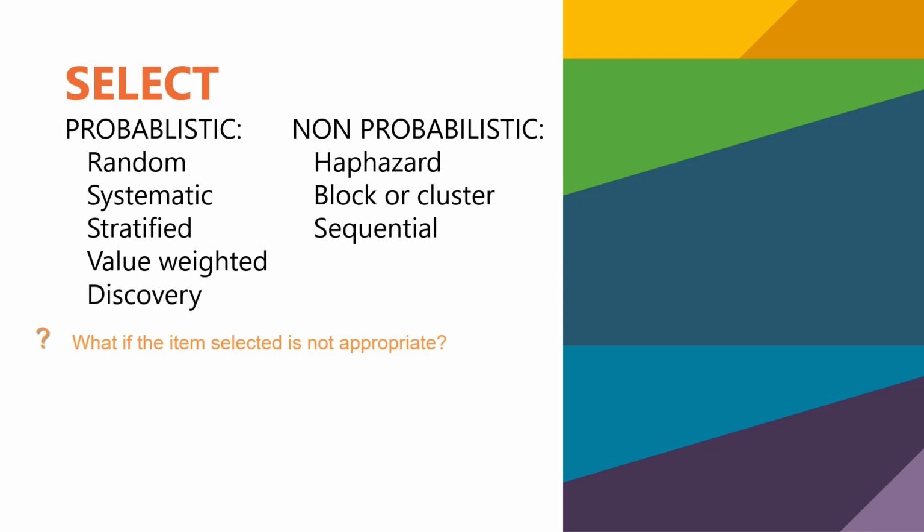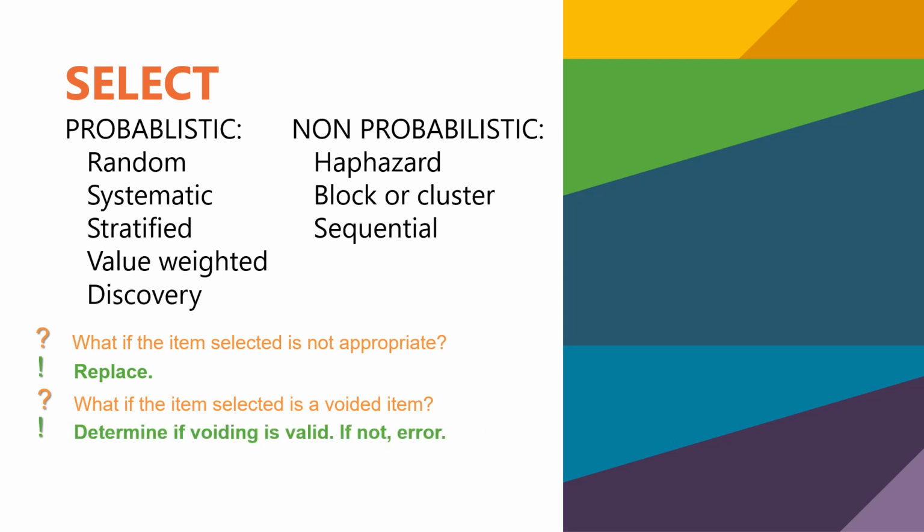All right. Now, what if the item selected is not appropriate? For example, upon finding item number 111, you realize, hey, this is not a sales invoice, it's not appropriate for the assertion I'm trying to test. If the item selected is not appropriate, then replace the item. If the item selected is a voided item, let's say you chanced upon document number 222, and when you found it, it had a marking on it that said void, then determine if the voiding is valid, if it is authorized, if it followed the appropriate processes.